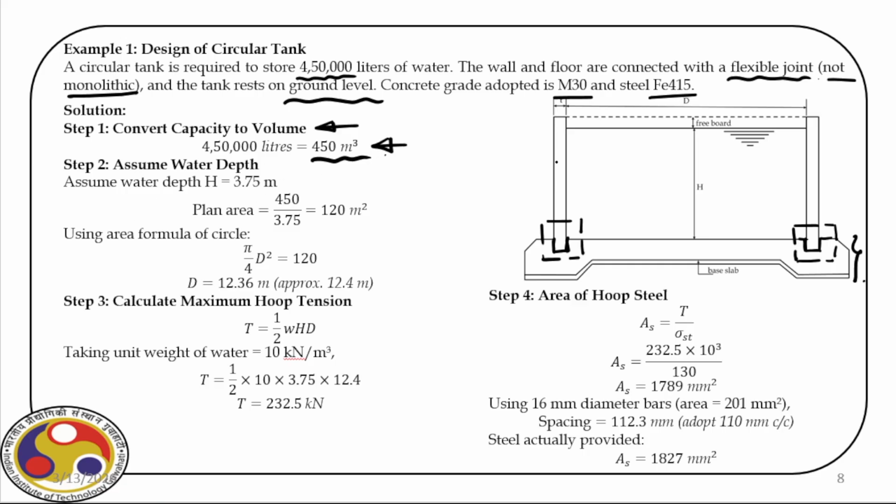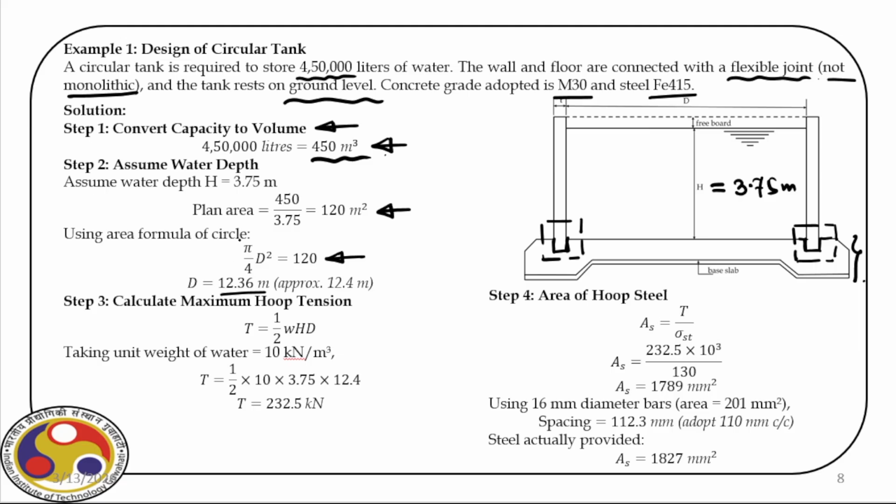Now, let us assume the total depth is 3.75 meter. So, we can find out the plan area, which is 120 meter square. Now, we can easily find out the diameter of the tank, which is 12.36 meter. So, we can provide 12.4 meter diameter for this circular tank.